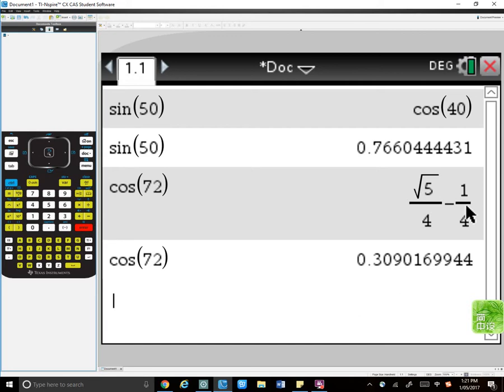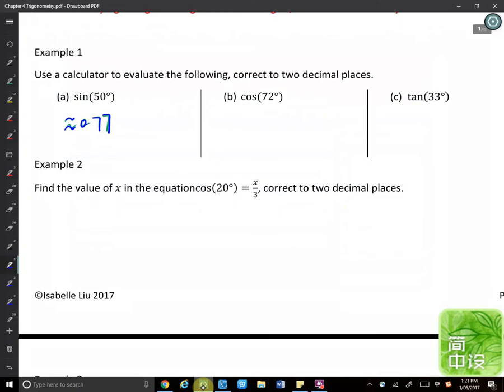For cos 40, it only shows cos 40 because that's the exact way to represent it, but I have an exact representation for cosine 72, so that's why the notation is different here. That one gives me 0.31.